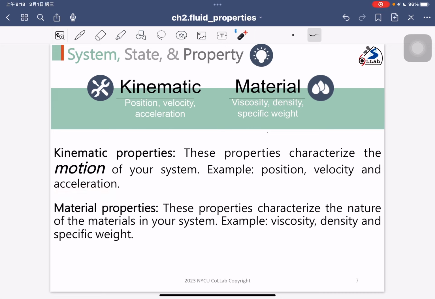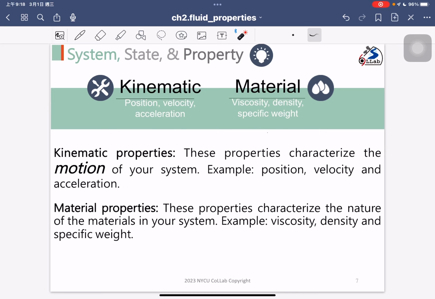The material property characterizes the natural material in the system. I just highlight some examples, for example viscosity, density, and specific weight. That's what we call the material properties.